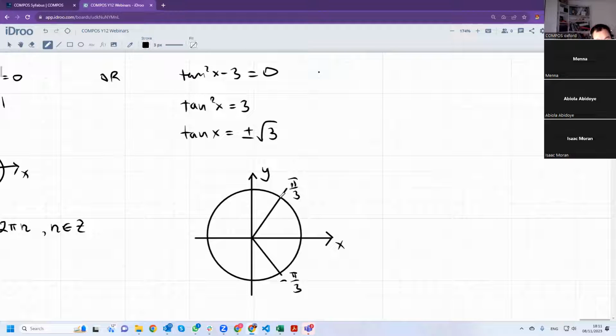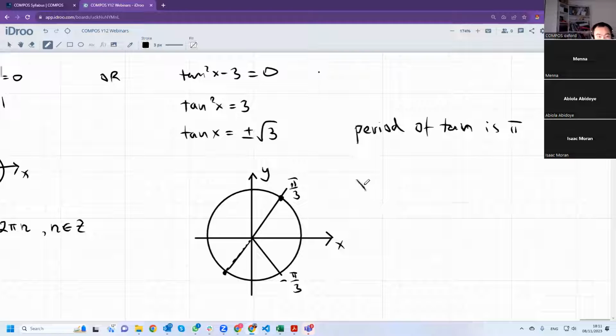But also, we know that tan is over here, half a turn later, because the period of tan is pi. Therefore, this is pi over 3, this is pi over 3 plus pi. And then again, another half turn later, you arrive here.